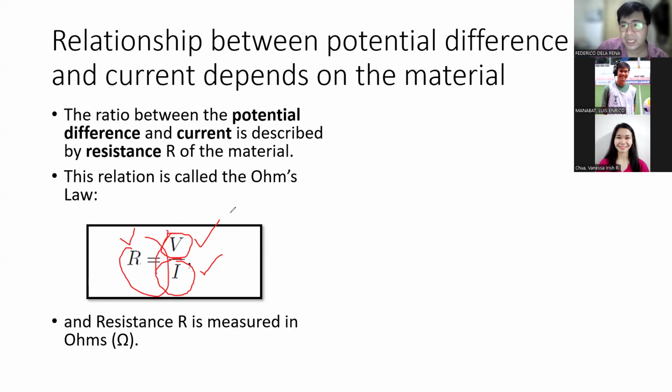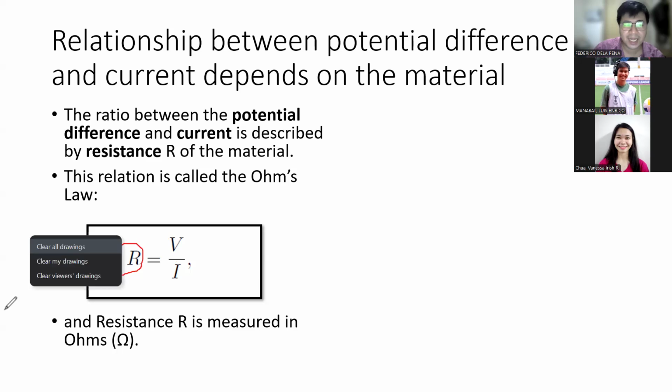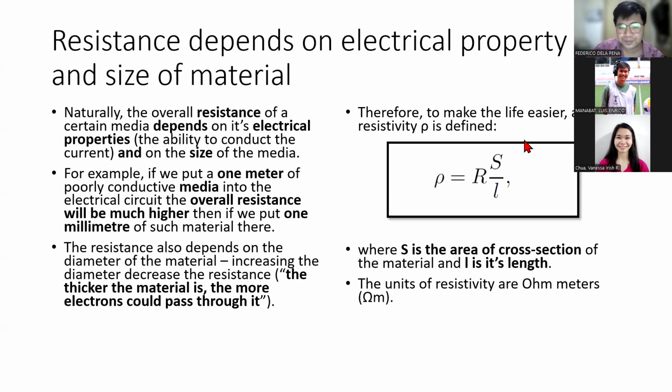That's basically how resistivity works. From the voltage and the current, we can determine the resistance, although that's not yet our main parameter of interest, because resistance is just a bulk property of the media.